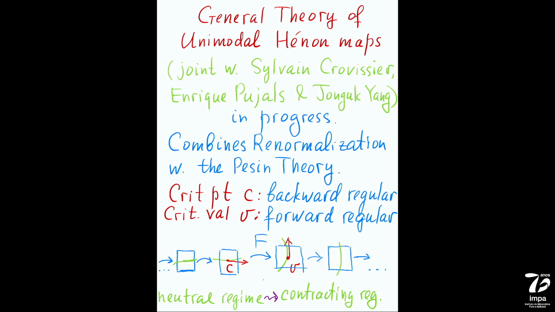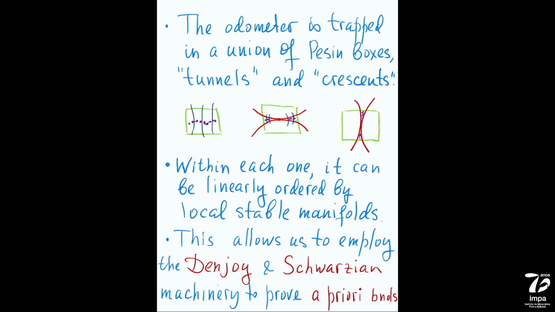And okay, so the last slide. We have developed this under these assumptions of unimodality, that there is only one critical point of this type, and outside of the orbit of this point, or some specific neighborhood of this orbit, we have a kind of Pesin type regime, hyperbolicity controlled by Pesin boxes. So that is the theory.